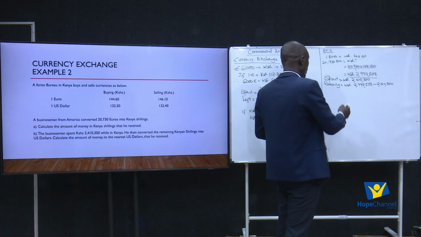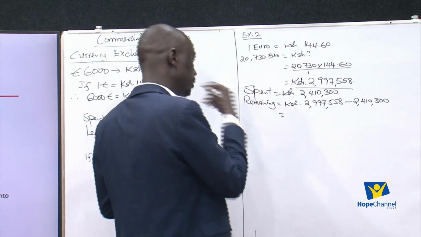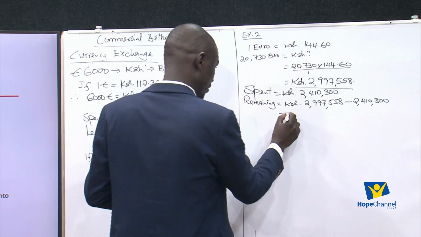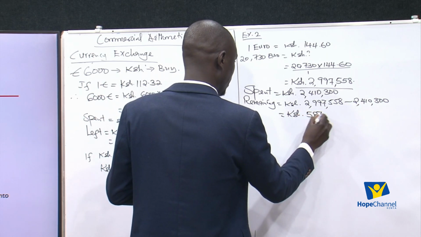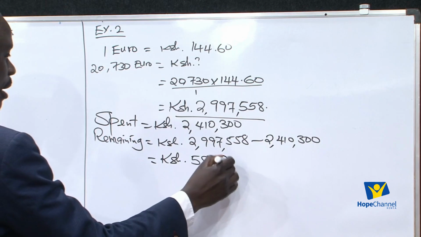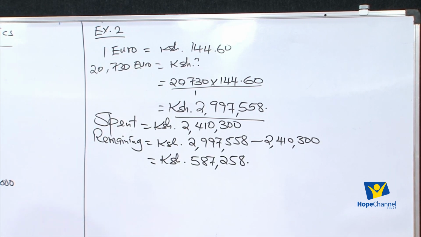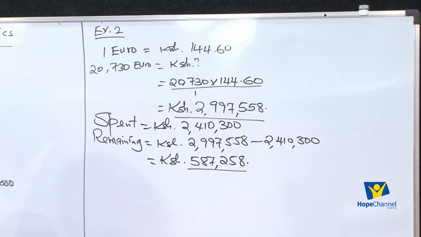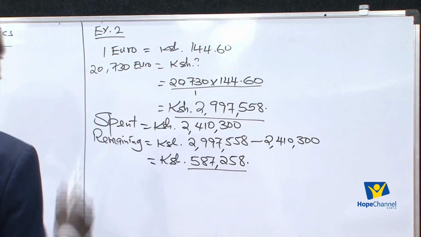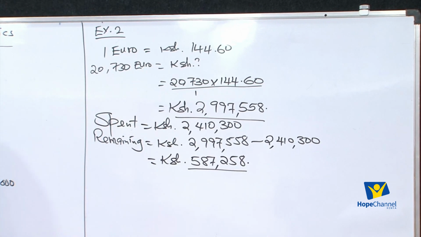We take the original amount, then subtract that. This will give us Kenya shillings 587,258. So that is the amount that the tourist was left with. So he had 2.9, spent 2.4, now is remaining with 587,000. Good.